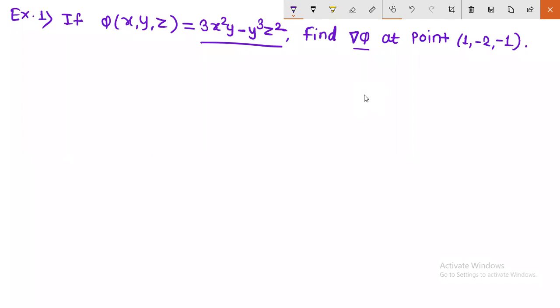Where is dot given? Is dot given? Gradient. Why is it gradient? Simple multiplication.